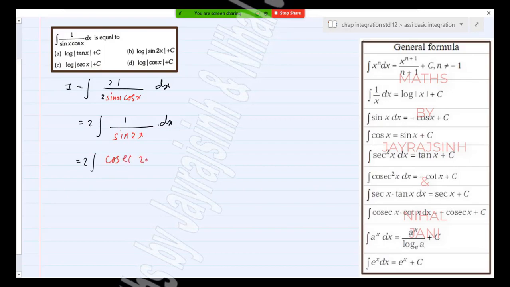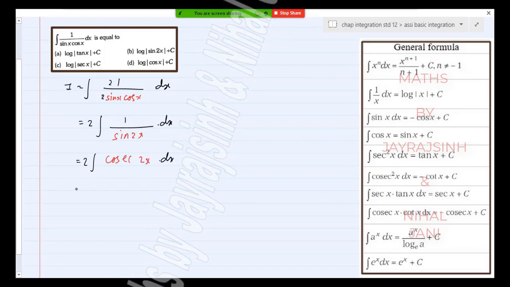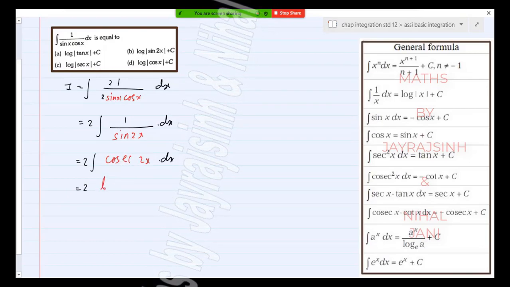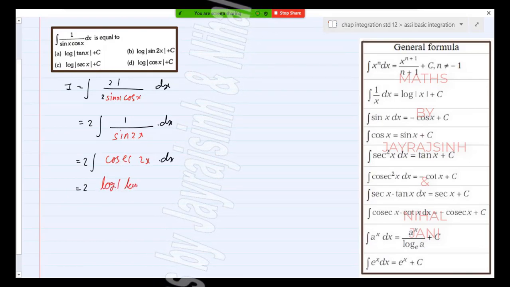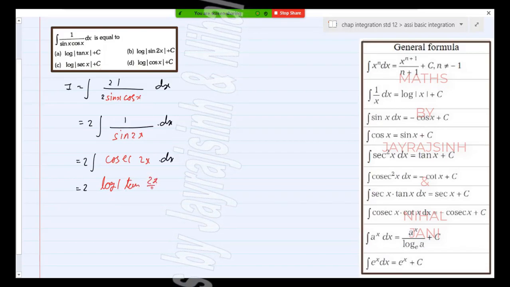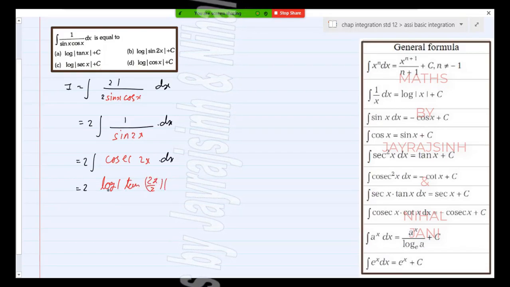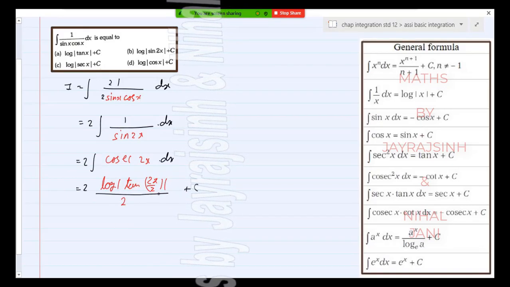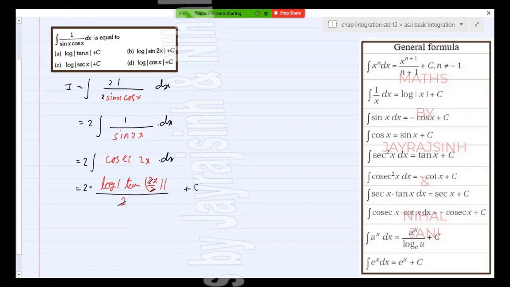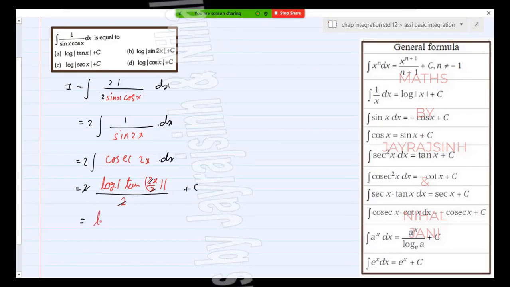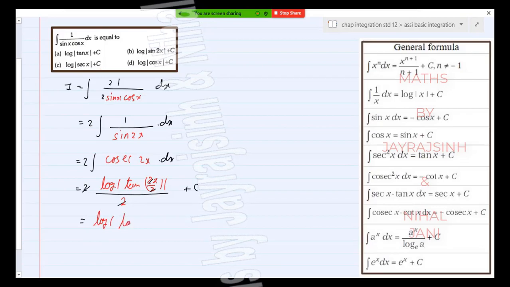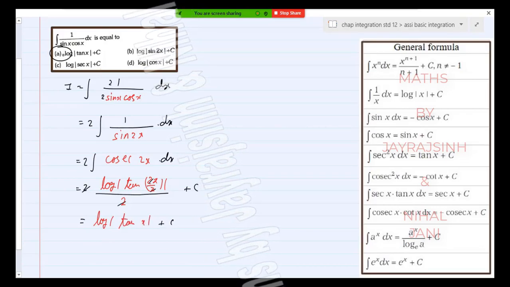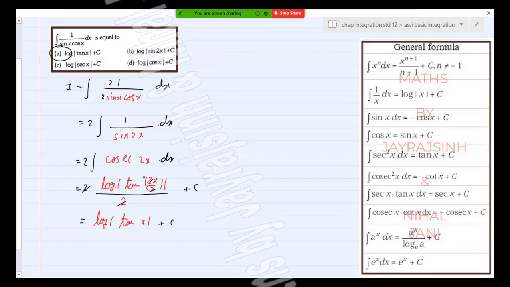So 2 sin x cos x can be rewritten as sin 2x, so we just have to integrate 2 over sin 2x, which is log mod tan half the angle, or we can say 2x by 2 upon coefficient of x, which is 2. So this 2 will cancel out and this 2 will also cancel out. So our final answer is log mod tan x.